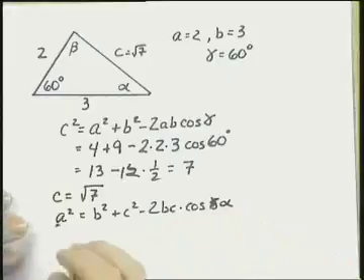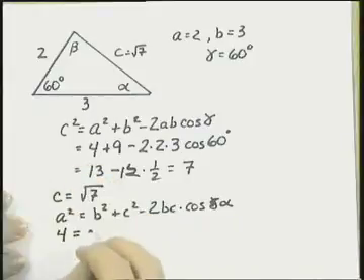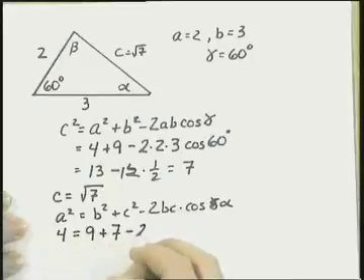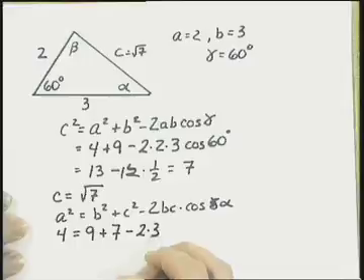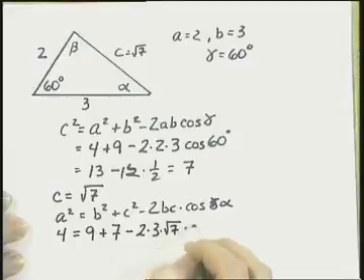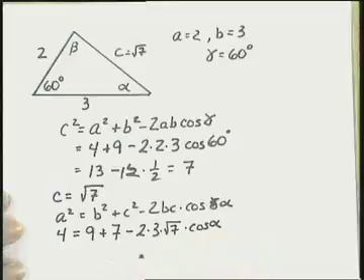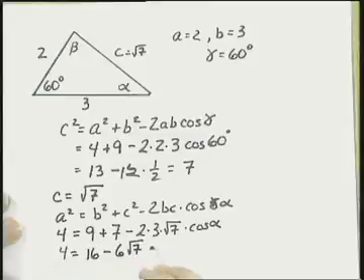Therefore, with a equal to 2, I would get 2 squared equals b squared, which is 9, plus c squared, which is 7, minus 2 times b times c times the cosine of alpha. That would give me 4 equals 9 plus 7, which is 16, minus 6 root 7 times the cosine of alpha.